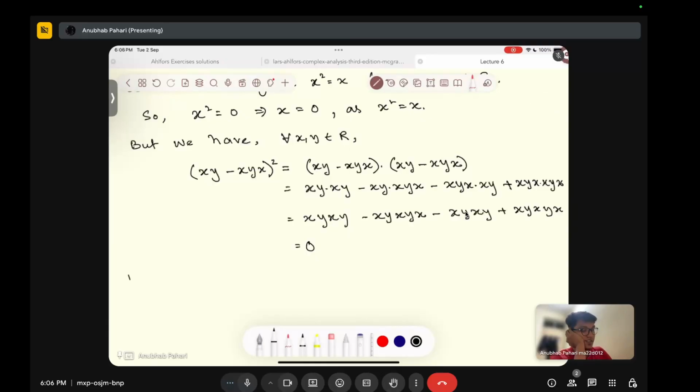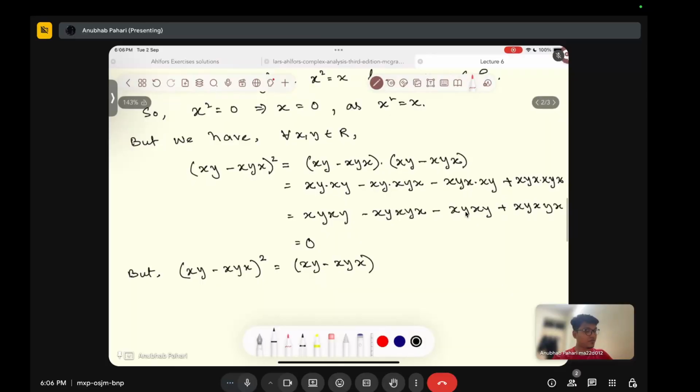But (xy minus xyx) whole square equals to xy minus xyx, right? Because x square equals to x for all x.